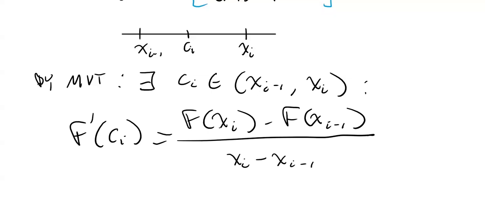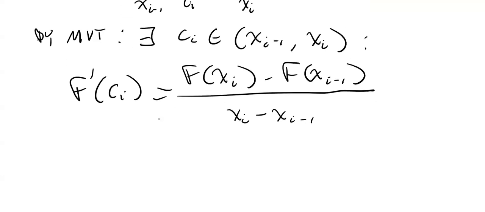Okay, so that's the mean value theorem with respect to just one of these subintervals here. So if you notice here, this derivative on the left, that's an antiderivative. So taking the derivative of that gives us the small function, the original function, f of c sub i. Okay? That's the relationship between an antiderivative and the derivative and the function.